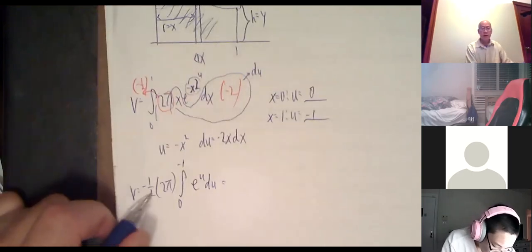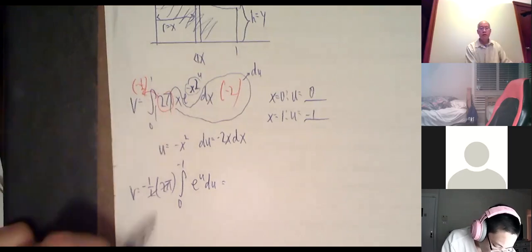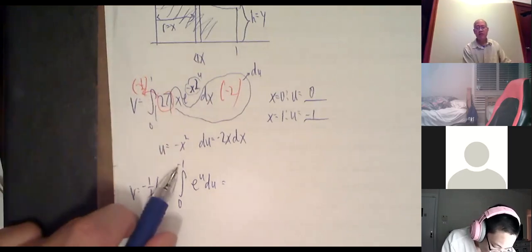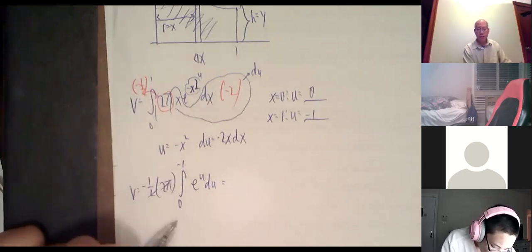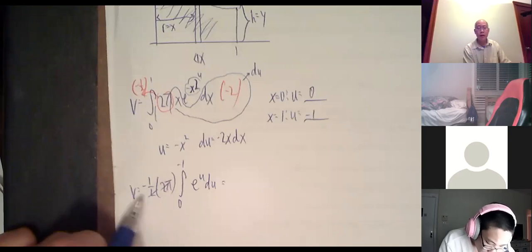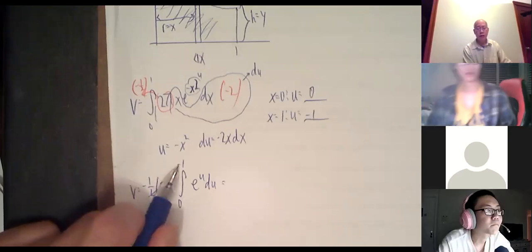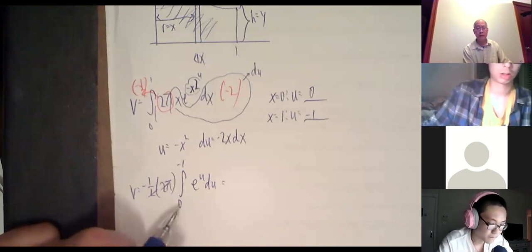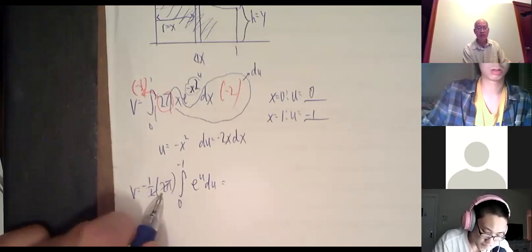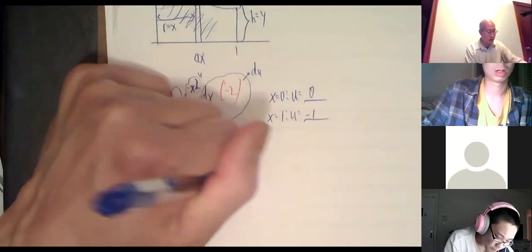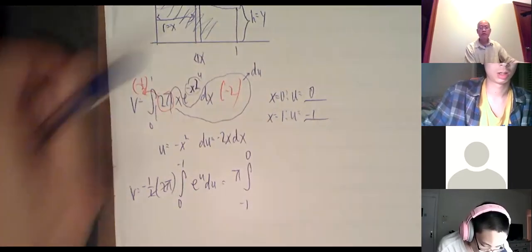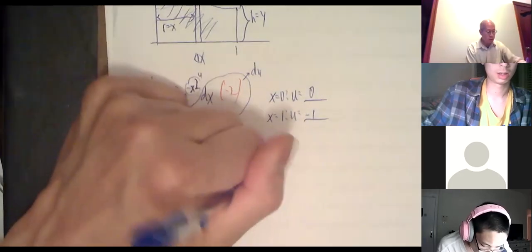Okay, and cancel, cancel. The usual trick, you say -1 belongs in the bottom. Just switch it and change the sign. You get rid of the negative, and the smaller number becomes the bottom, and the top number becomes the top. That's a recurring theme that happens a lot. So instead of -pi, I have +pi, and now I'm integrating from -1 to 0 of e to the u du.